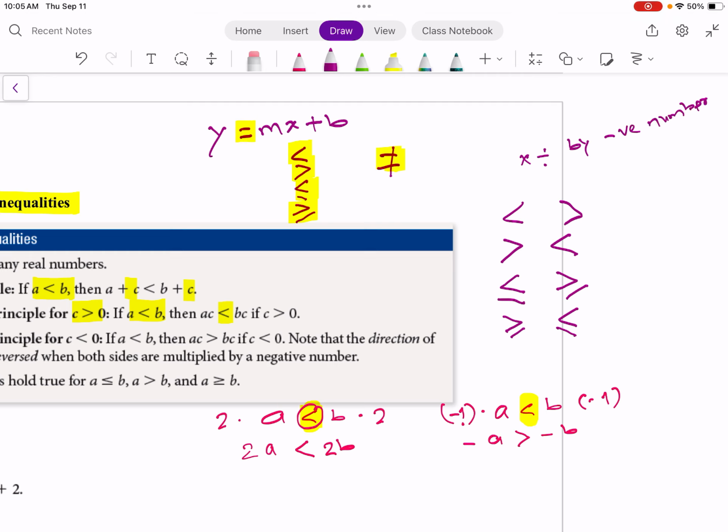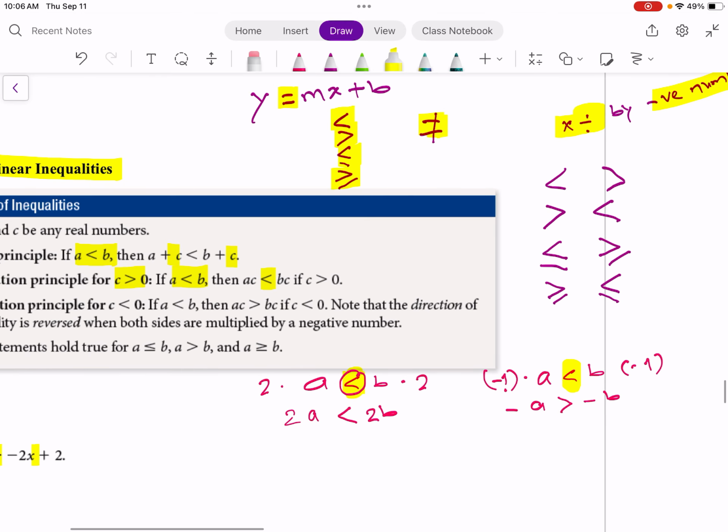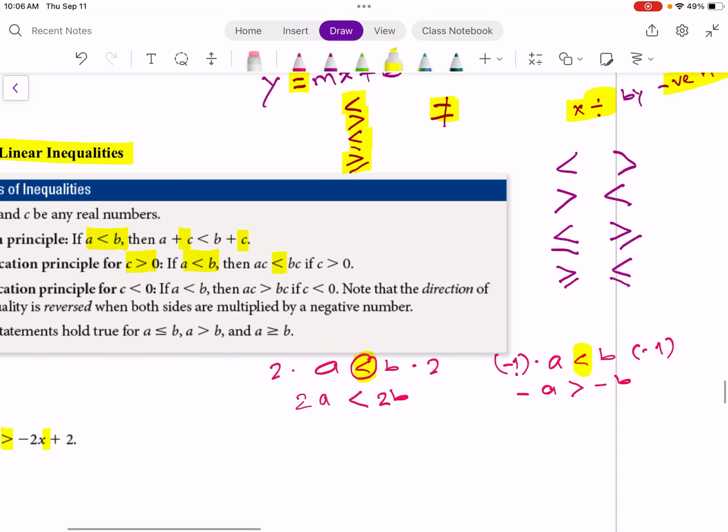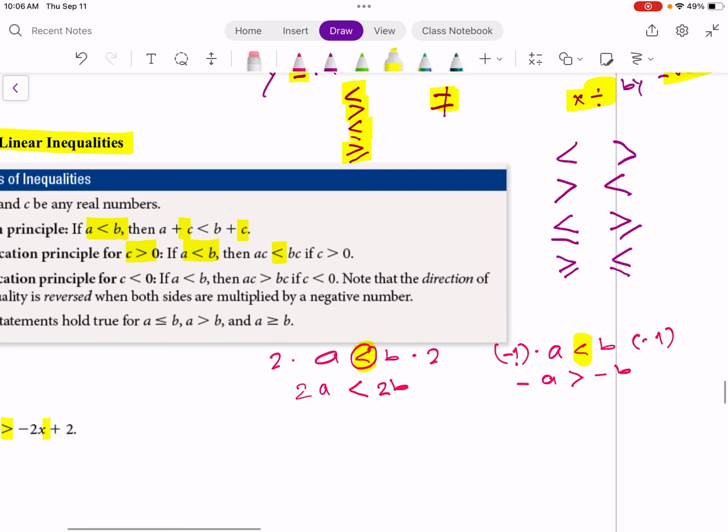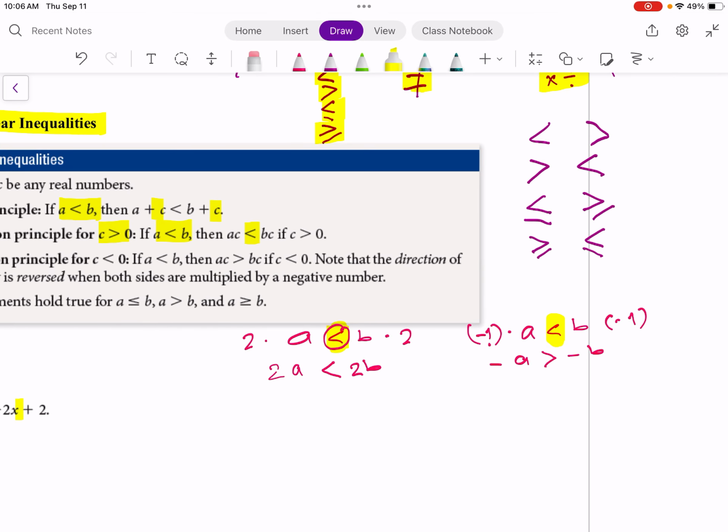So if you are multiplying or dividing an inequality by a negative number, we have to flip the inequality sign. So this is another rule. We are allowed to add the same number on both sides. When we are adding or subtracting, the inequality sign remains the same, like an equation.